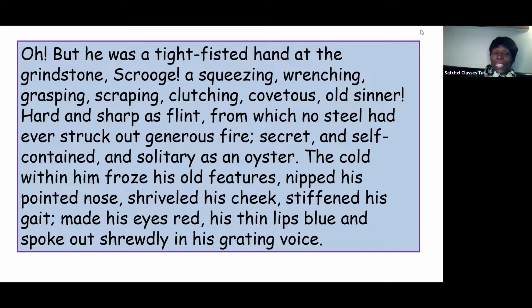The cold within him froze his old features, nipped his pointed nose, shriveled his cheek, stiffened his gait, made his eyes red, his thin lips blue, and he spoke out shrewdly in his grating voice.